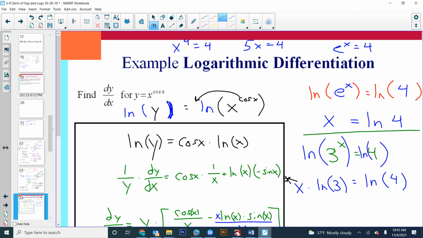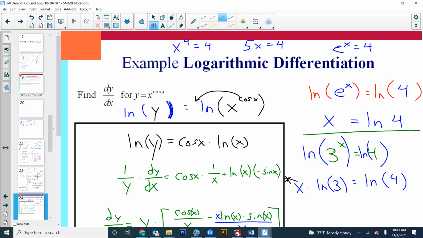Is it always going to be ln of something? Yes, because you took the ln to get it out of the exponent. You're always going to have the exponent come down and multiply times ln of whatever that was. Why? Because you took the ln of both sides to get that out of the exponent.